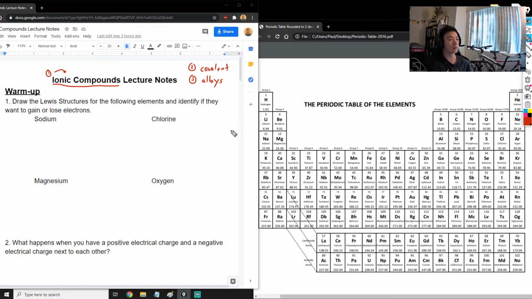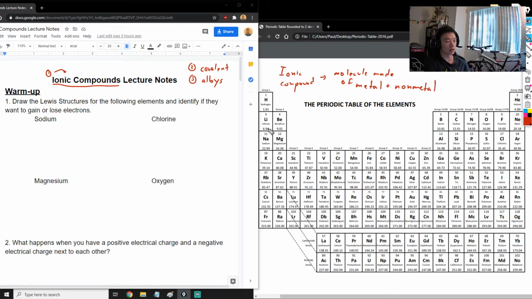Now, before we get started, let's define what an ionic compound is. So an ionic compound, very simply put, is a molecule or chemical that is made of metal plus a non-metal. Okay, so you should have the chart that tells you what metals and non-metals are from the previous assignment.